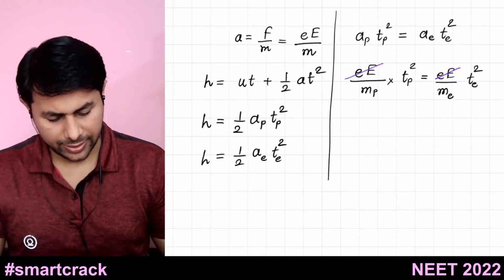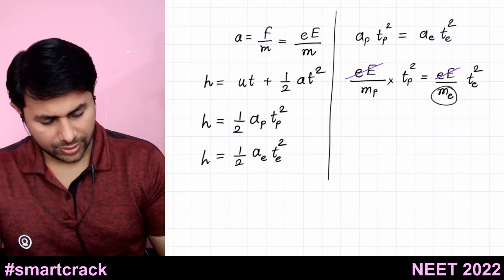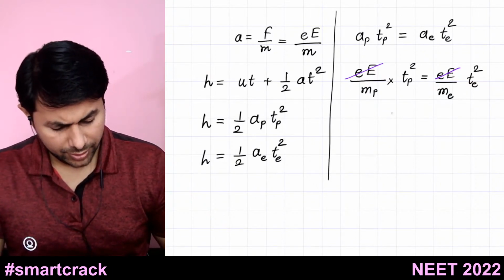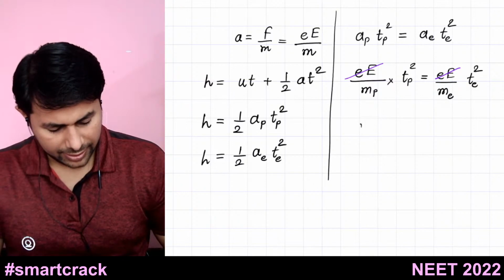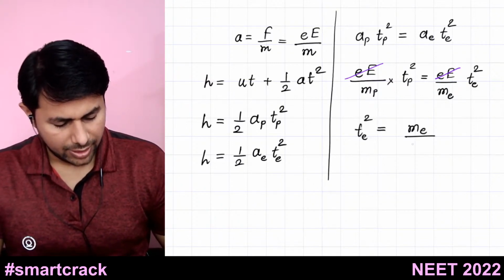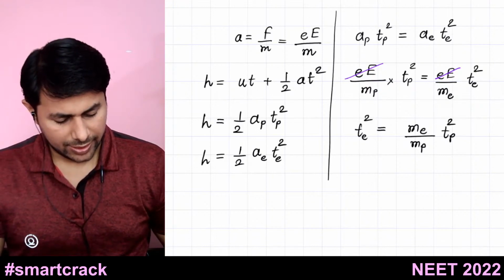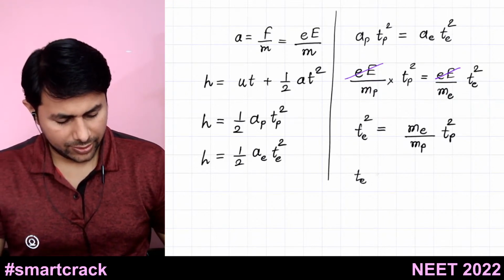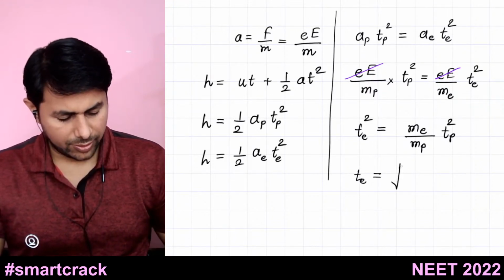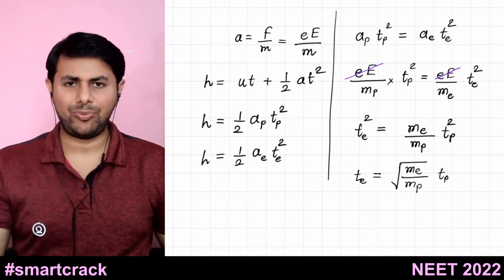So let's take the mass of electron to the other side, so it goes in multiplication. I can write time for electron square is equal to mass of electron upon mass of proton multiplied by time for proton square, and if you take square root on both sides, you will get time for electron equal to square root of mass of electron divided by mass of proton, multiplied by time for proton.